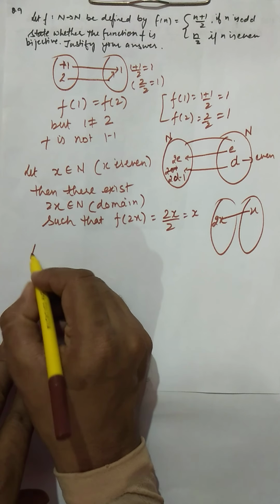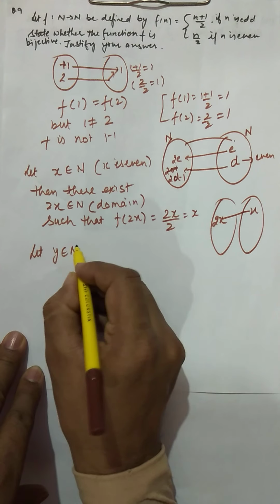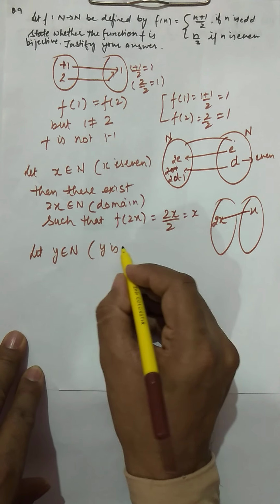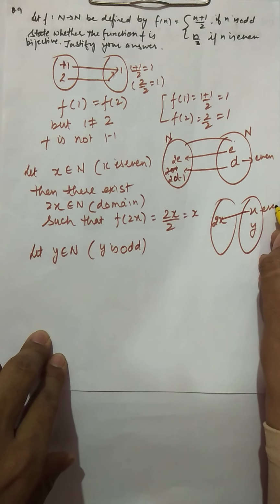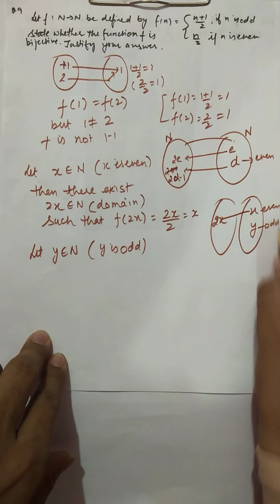Second case, you take, let y belongs to N and y is odd. For example, you take y as odd, this is even, this is odd.